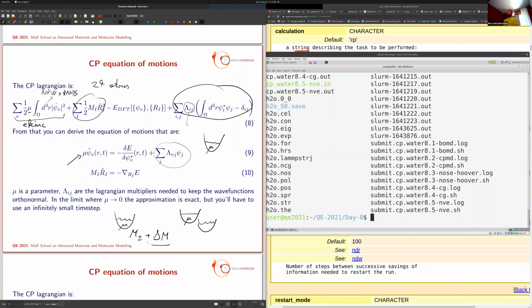If there is an overlap between the frequencies of the ionic system and the frequencies of the electronic system, which are very fast because the electrons are light, if you choose a low enough fictitious mass, let's suppose that this is the ionic frequency, and this is the electronic system frequencies.